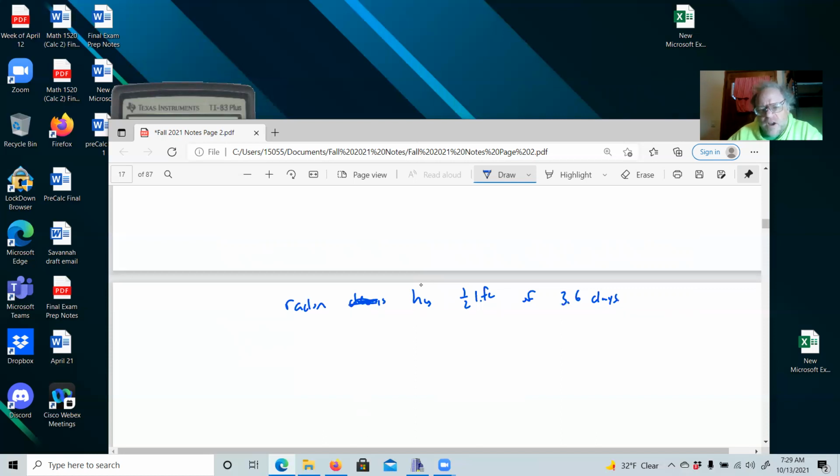So, leading cause of lung cancer if you don't smoke. So radon gas. Not as much of a problem as in New Mexico because we don't have basements. But if you go back east, there's a lot of basements, and radon gas seeps in through the walls. So that's why it's a health issue. That's why you hear the commercials. So we have radon has a half-life of 3.6 days.